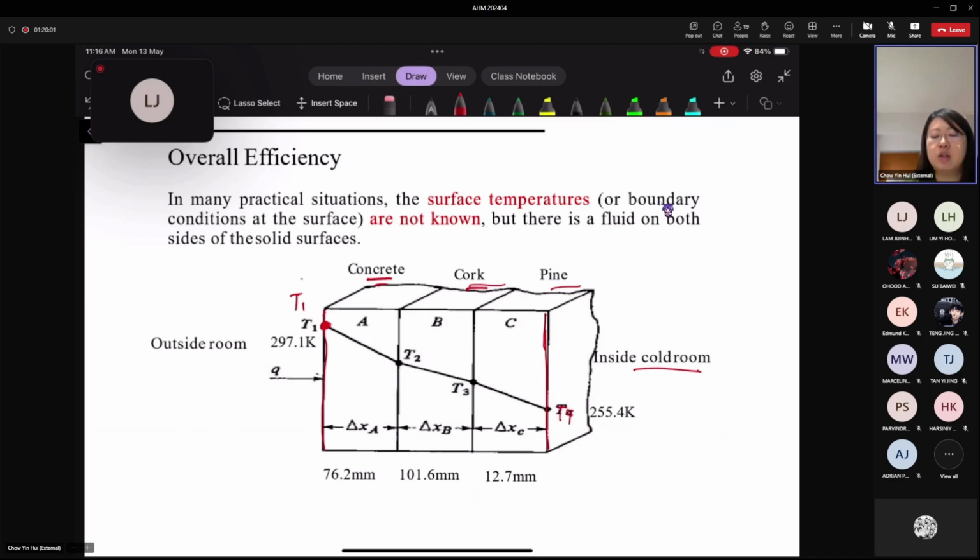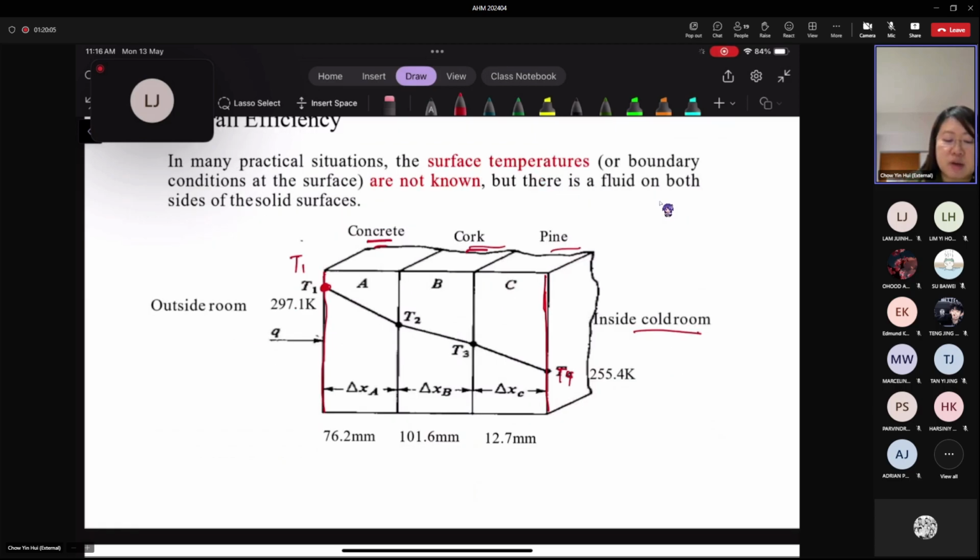So what happens is that for your heat transfer, there will be 5 resistance terms. One is heat transfer by convection. Let's say it's natural convection, just wind blowing.